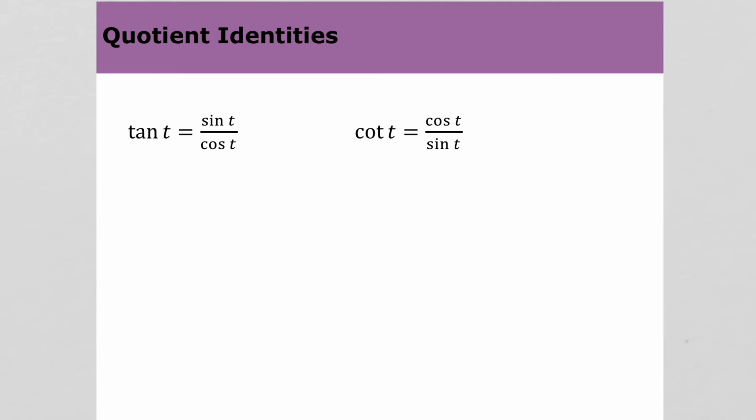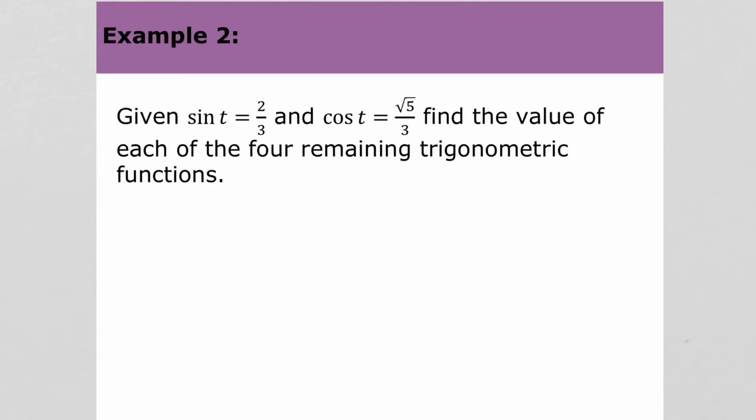So since sine is y and cosine is x, it would make sense that tangent would be equal to sine over cosine. And with cotangent, since cotangent was x over y, it would make sense that cotangent is equal to cosine over sine. So these reciprocal identities and quotient identities are going to be very, very useful for us as we go forward.